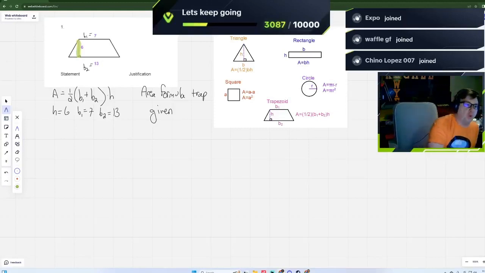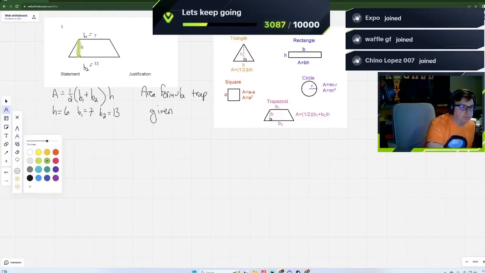So, with that, we need to substitute these numbers in. So for our height, we have a height of 6. So I'm going to change that. For the base 1 is right here. I'm going to change that to a 7. And then we have a base 2, which is 13.